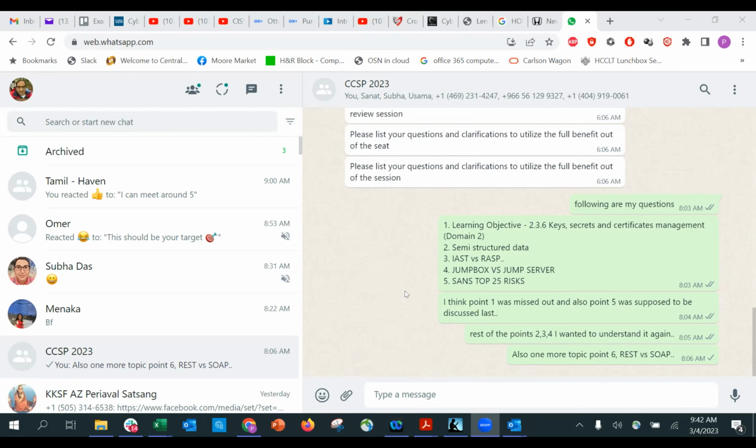IAST versus RASP. IAST, just remind me. RASP, this is the real-time application security test, right? Yes. Just remind me, what is the IAST? I think this is the interactive active system test or something.